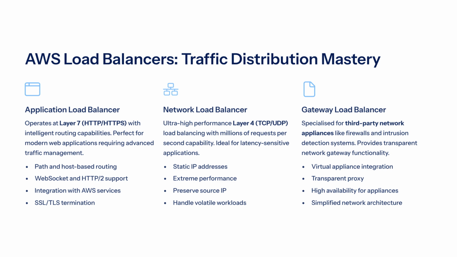The Network Load Balancer, or NLB, works at layer 4, handling TCP and UDP traffic at very high performance, suitable for latency-sensitive workloads. The Gateway Load Balancer, or GWLB, is designed to deploy and scale third-party virtual appliances like firewalls and intrusion detection systems. Let's dive deeper.